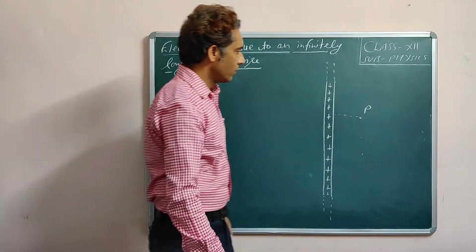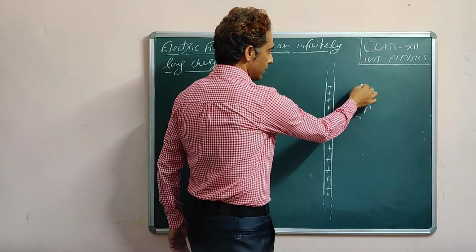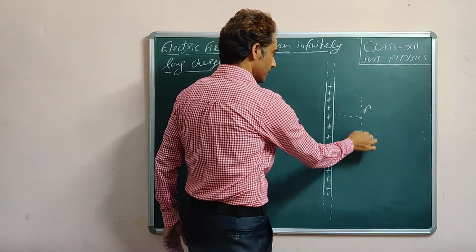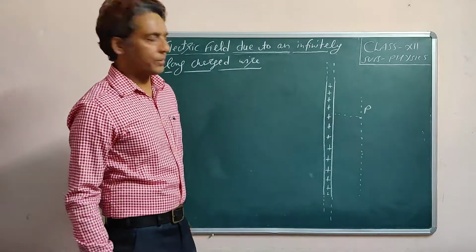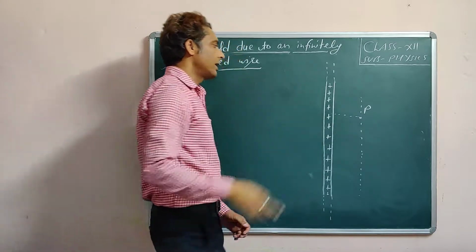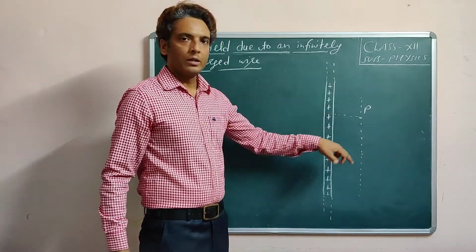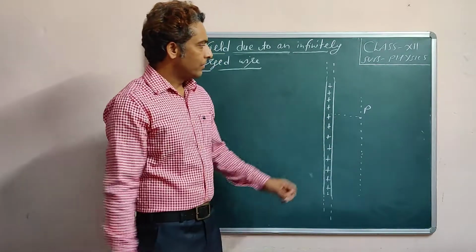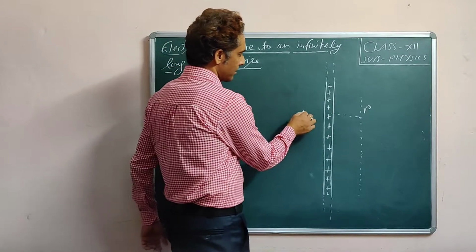So the Gaussian surface for this distribution of charge will be cylindrical in shape. We can take this point P anywhere around the wire. So the shape of the Gaussian surface should be cylindrical.